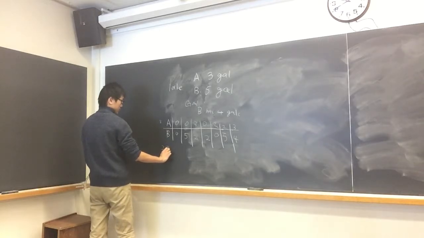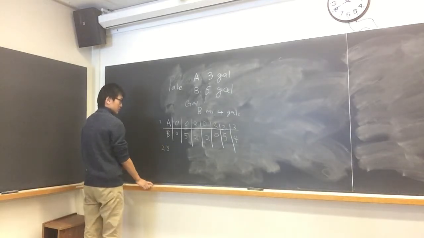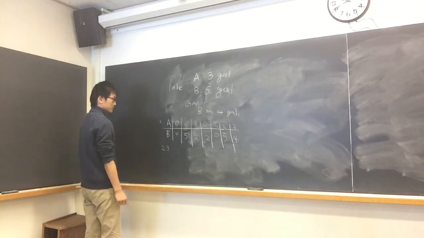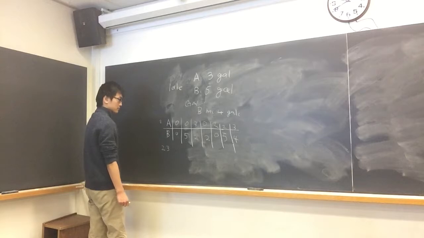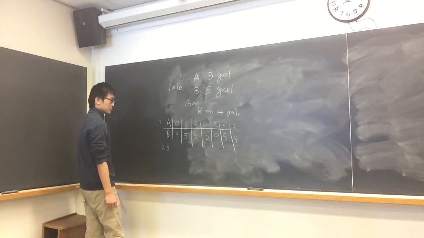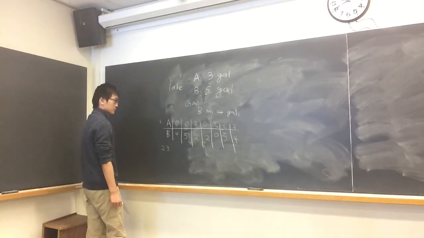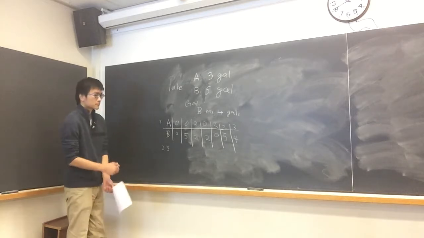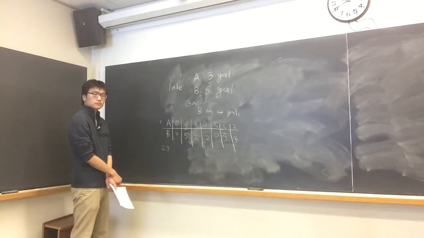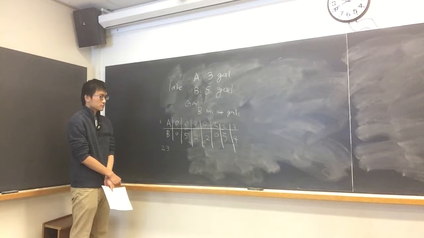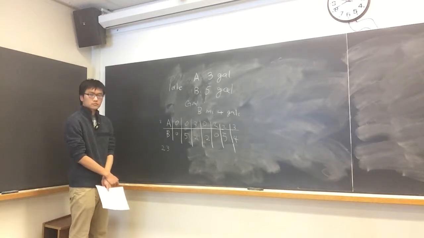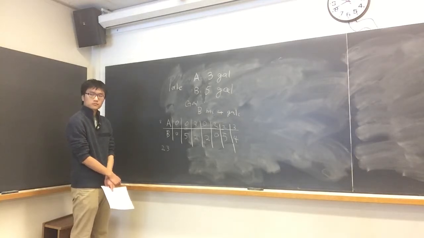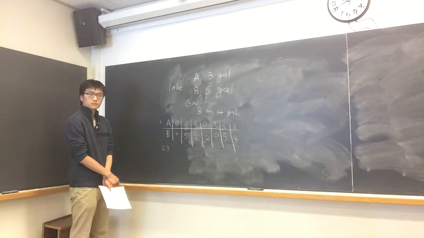So first we fill bottle A and then pour the 3 gallons into B, and then we fill bottle A again and pour the 3 gallons into B. We'll have 1 gallon left in bottle A, and then we empty bottle B, and then we pour that 1 gallon into B, and then we get 4. So the question is, is that chain fewer or more steps than this?